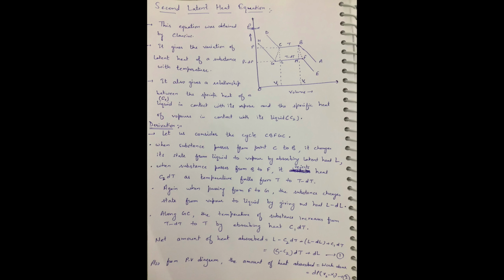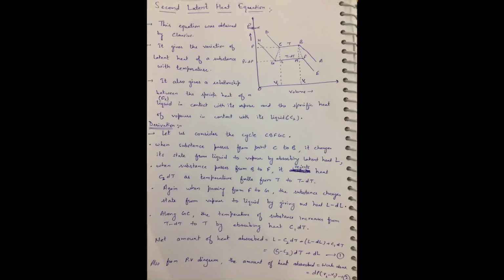That is, C1 is the specific heat of the liquid with its vapors, and C2 is the specific heat of vapors in contact with its liquid, because at points B and F the substance is in vapor state but in contact with its liquid state.